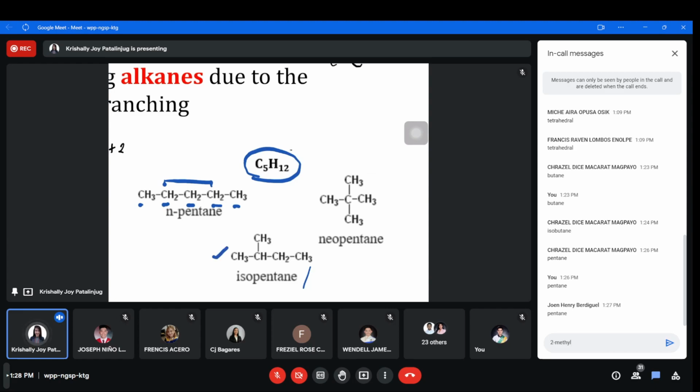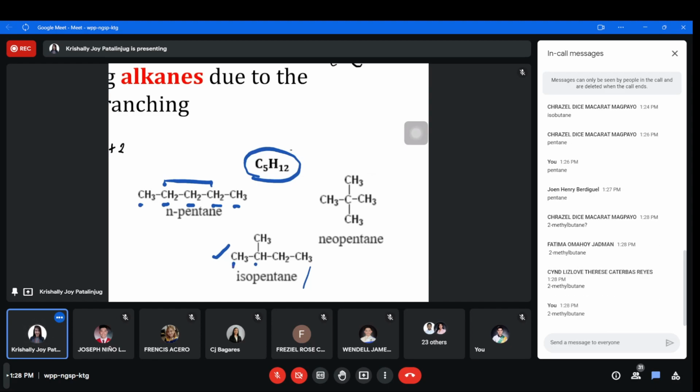So you simply identify the substituent. Okay, very good. 2-methylbutane. This would be your carbon 1, 2, 3, and then 4. So at carbon 2, there is a methyl. So 2-methylbutane is equivalent to isopentane.